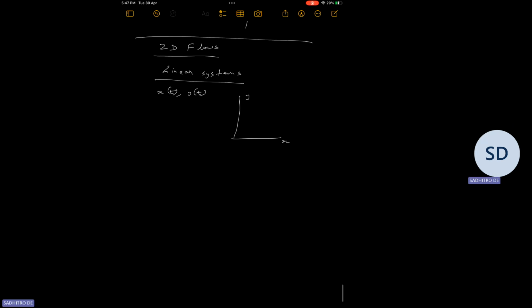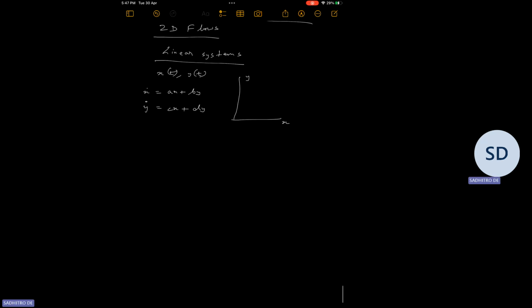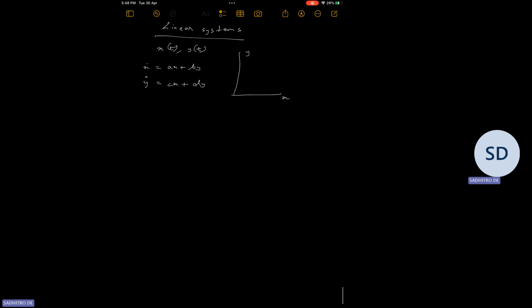So, an example of a linear system can be that x dot equals ax plus by and y dot equals cx plus dy. So you see this is a linear system because there are no nonlinear terms on the right hand side and a, b, c and d are the parameters.